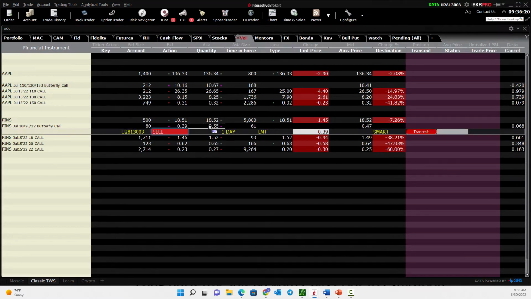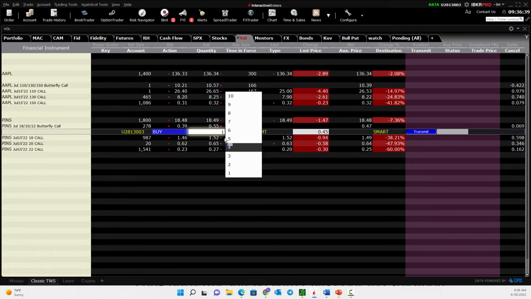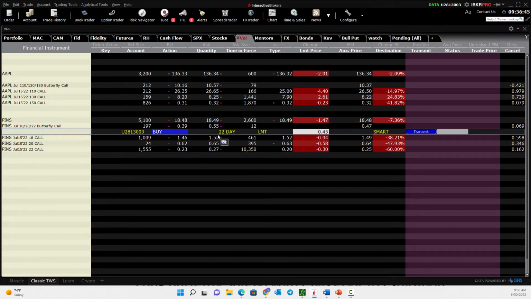I could trade, if I was willing to buy this one and spend $1,000, and each one costs $45 a piece, $1,000 at risk divided by 45 bucks per butterfly, I can trade 22 contracts. Well, for heck's sakes, my expenses are through the roof now because I'm trading 22 contracts of a 4-leg spread.